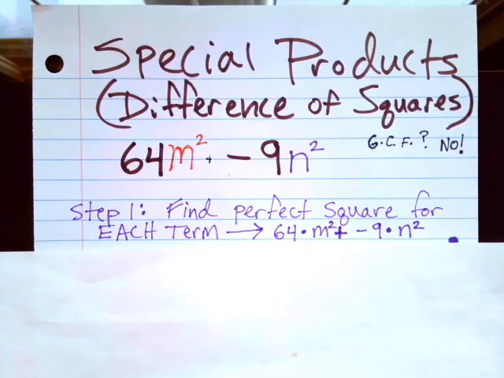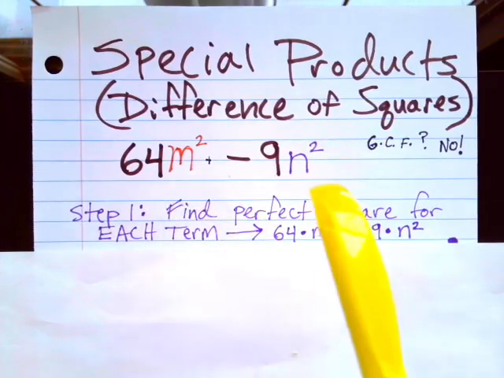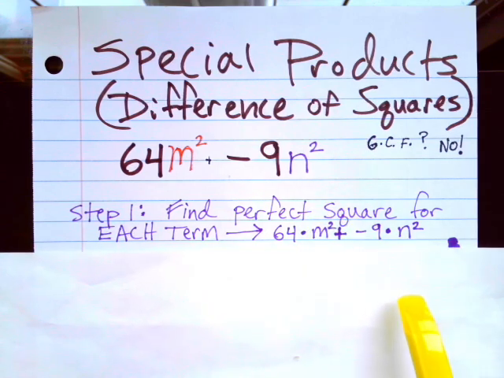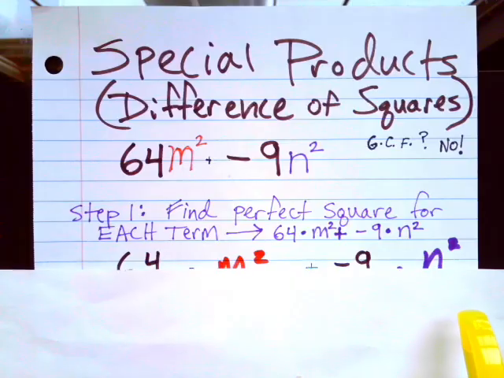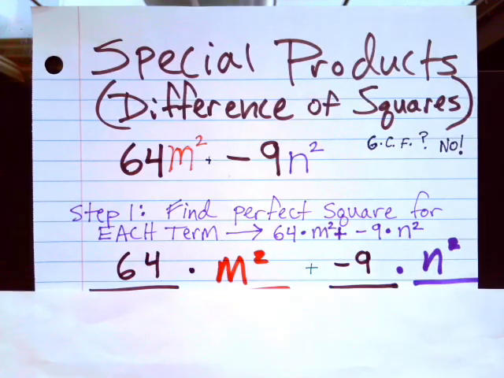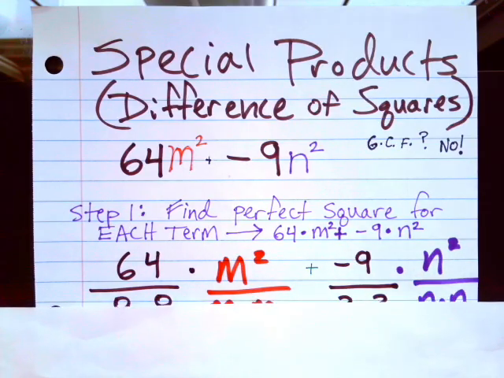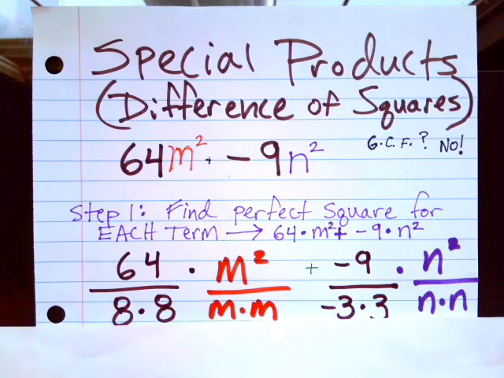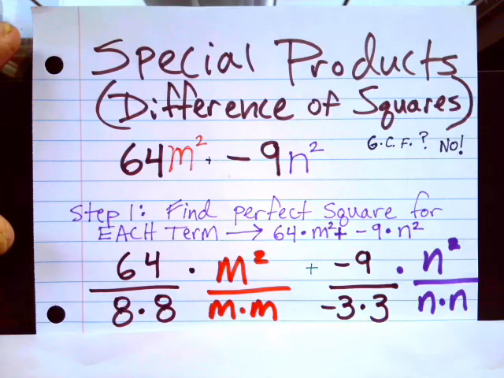So you want to find the perfect squares for the terms. So we have 64 times m squared plus a negative 9 times n squared. So 64 times m squared, negative 9 times n squared. I'm going to break these up into the perfect squares that we have.